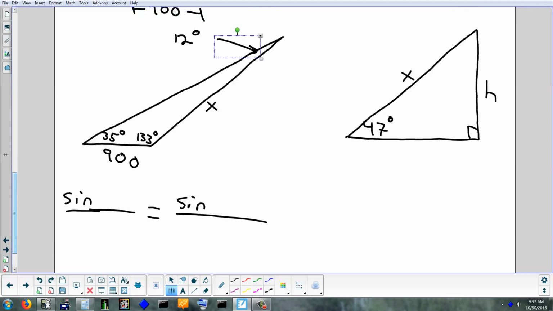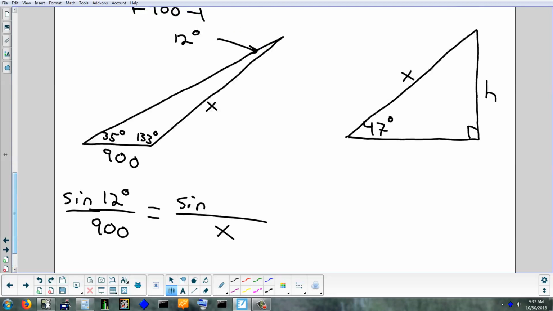Sine of 12, and what's across from 12? 900. Sine of an angle divided by what's across from it equals sine of an angle divided by what's across from it. My goal is to get x, and then I can find the height.